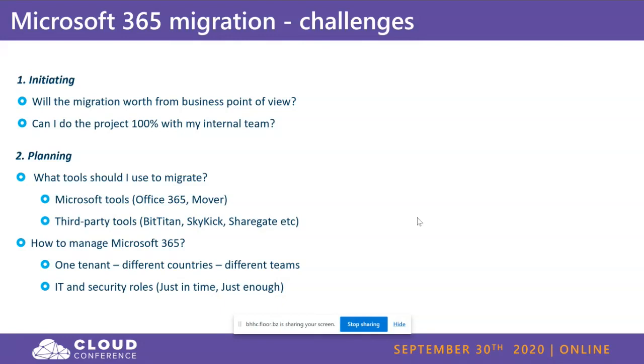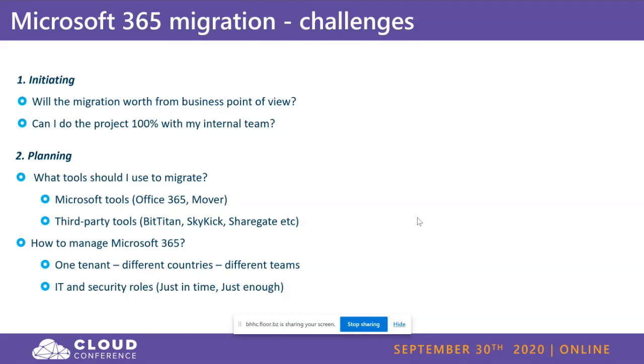Why? Also because during the pilot phase, you will notice that some users can be migrated overnight, some data can be migrated over the weekend, and for some people it will take, let's say, 1 week to migrate all the data.